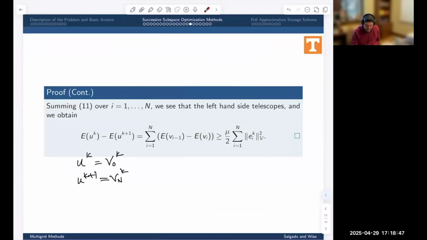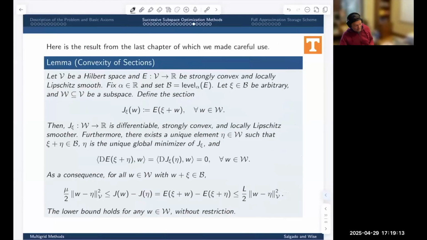So I immediately get mu over 2, sum i equals 1 to n of the corrections in norm squared. That's exactly the lower bound. I'm done. All I have to do then is identify C_L equal to mu over 2, and I'm done. The lower bound is very easy, simple. So we're done with that. So that gives us 8.